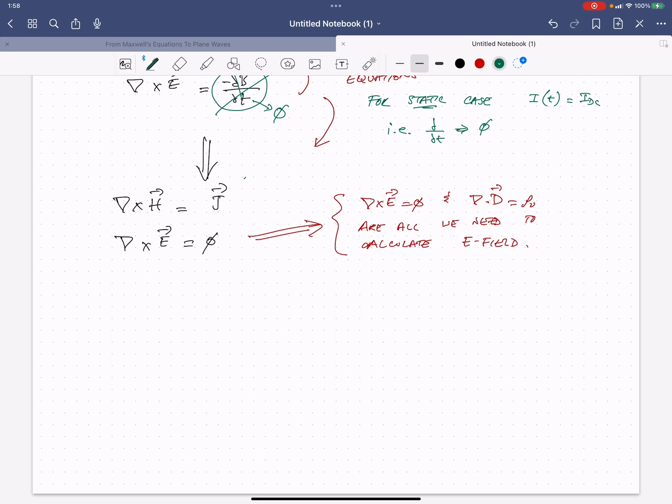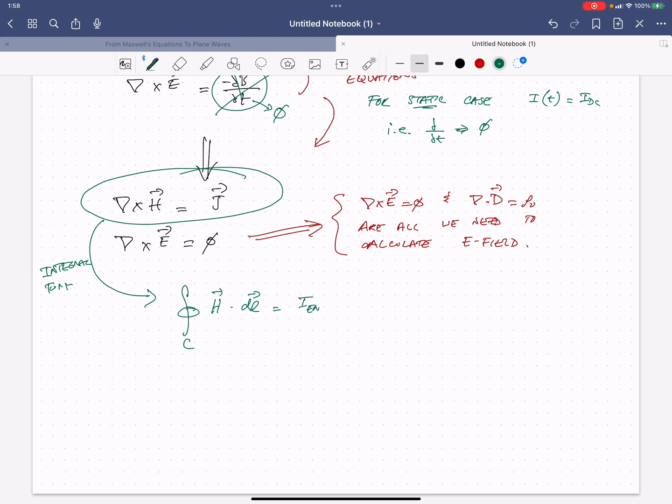So basically, if we write this in the integral form, we have that the integral around the closed line loop of H dot dl is equal to the enclosed current.